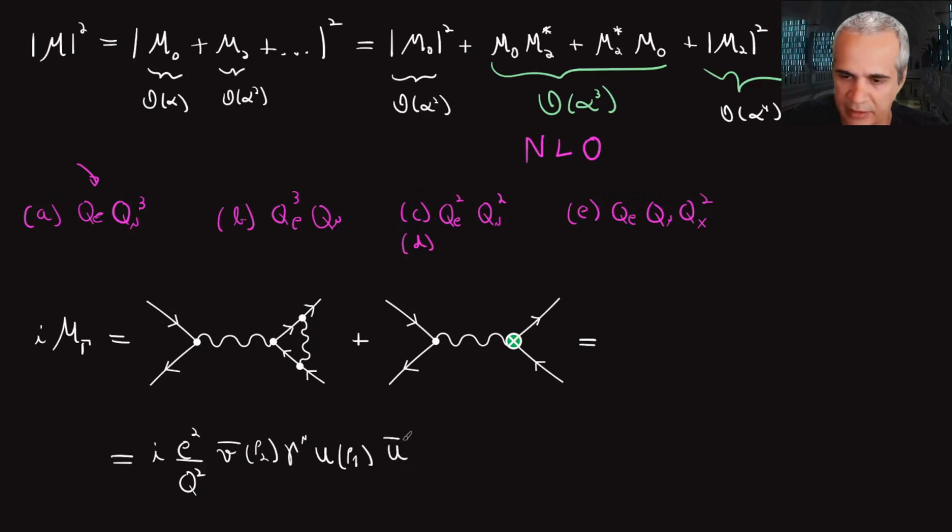I write it like that, u bar p3, and I define here a new piece which I'll call gamma 2 mu of p, which can depend on the momenta going in there, times v of p4.